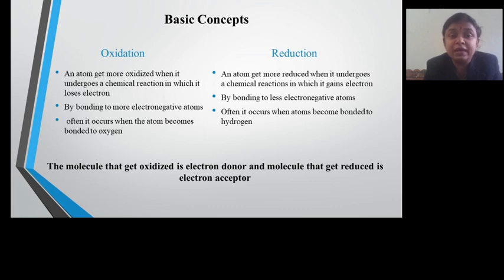The molecule that gets oxidized is the electron donor and the molecule that gets reduced is always an electron acceptor. In a cell, the redox reactions, or the reduction and oxidation reactions, are coupled reactions.